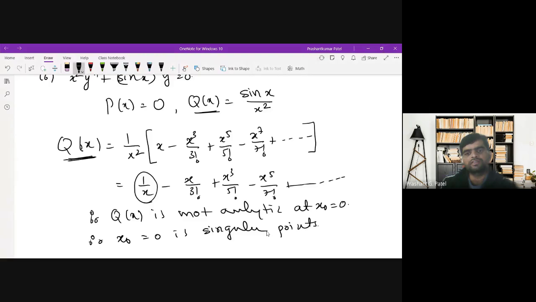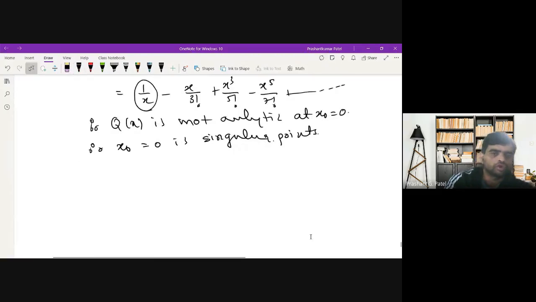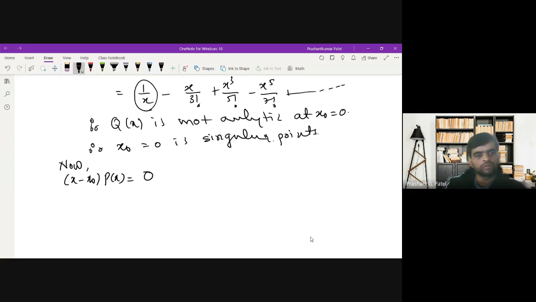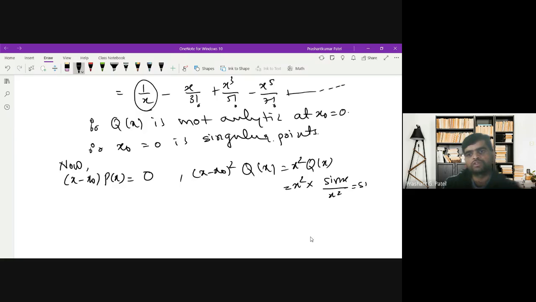Since this is a singular point, you have to check whether it is a regular singular point or not. For that you have to check x minus x0 into p of x and x minus x0 square into q of x. So x minus x0 times p of x will be 0 because p of x is 0, and x minus x0 square q of x will be x square q of x, which is x square into sin x upon x square, which is also sin x.